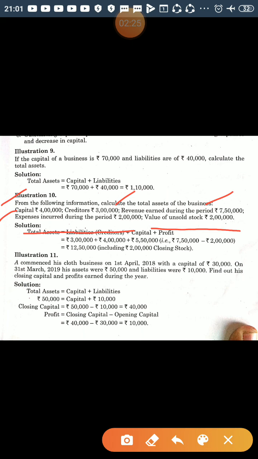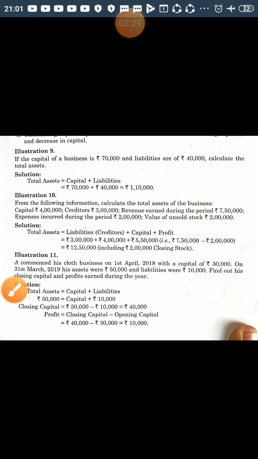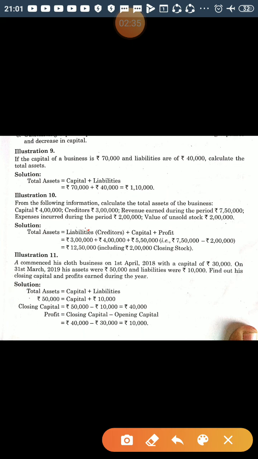They ask you to calculate total assets. So total assets can be calculated using liabilities plus capital plus profit. Liabilities and capital are given, and profit is the revenue earned during the year. On the basis of this you can calculate the amount.